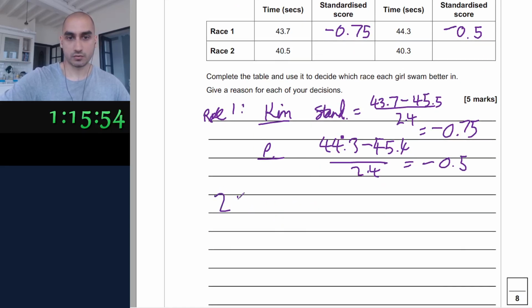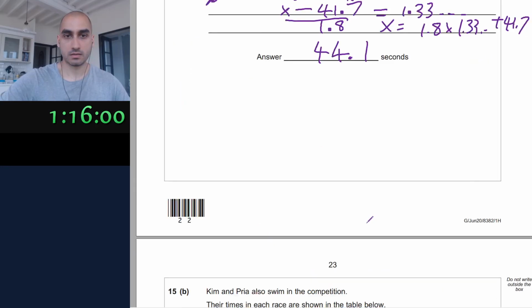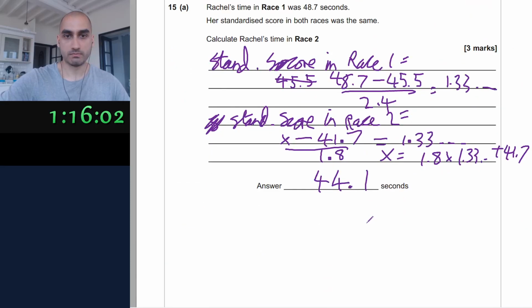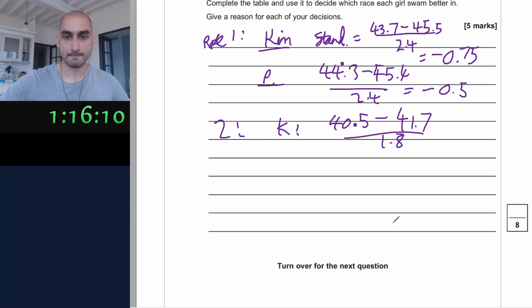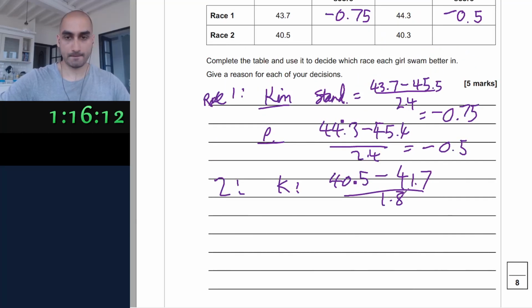And then race 2. Okay, so we've got 40.5 minus 41.7 divided by, what was it, 1.8? Yeah. 40.5 minus 41.7.